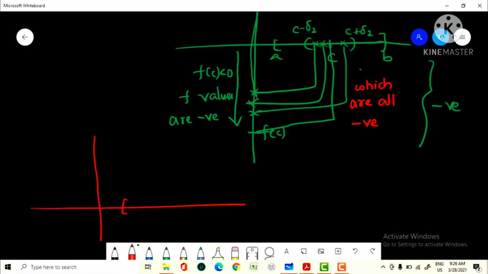Now the contradiction part we are writing. Understand carefully. This is RA, this is RB, this is RC. Here we have C minus delta 2, C plus delta 2.